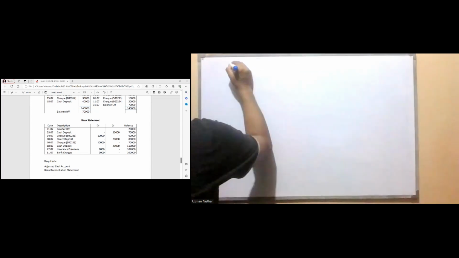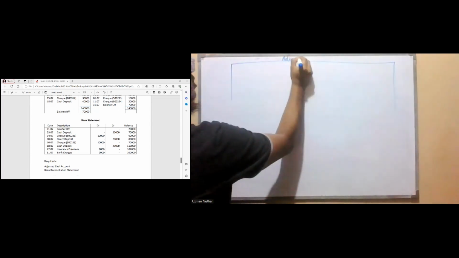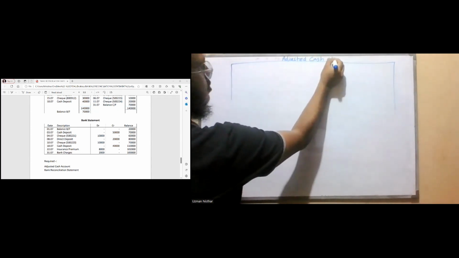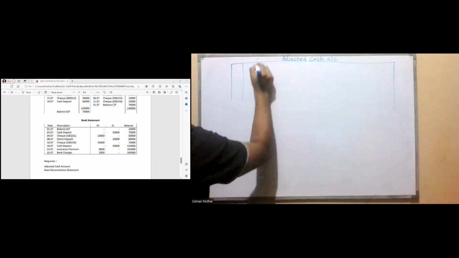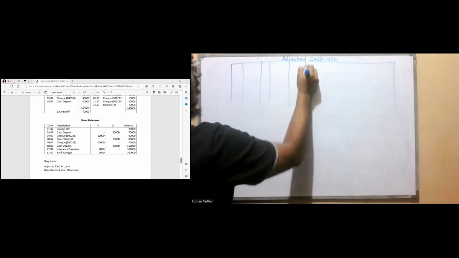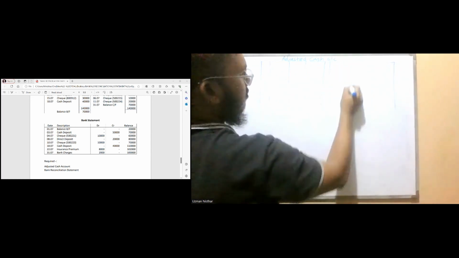First of all, let's draw the format of the adjusted cash account. So date, description, ledger folio, value, and then date, description, ledger folio, value.